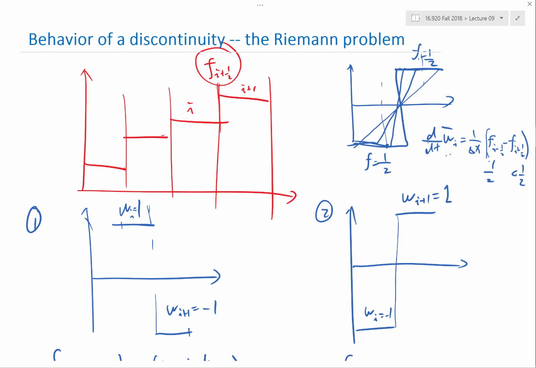Okay, so the viscosity term brings up a good line of thought. If you do have a viscosity term, then after an infinitesimal amount of time, what is W at the interface? It becomes 0, right?